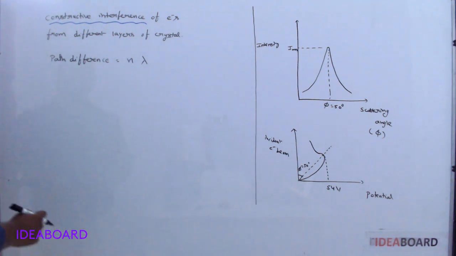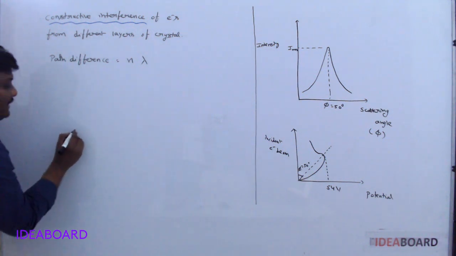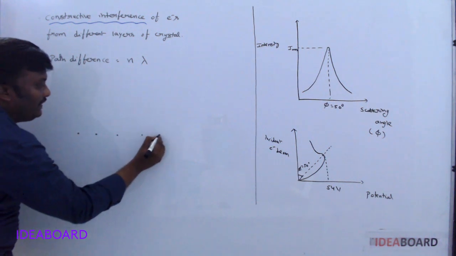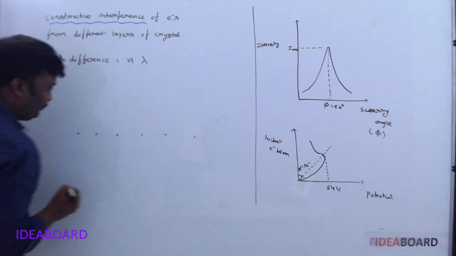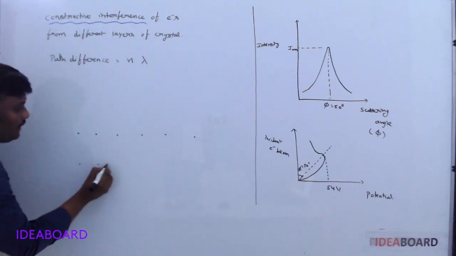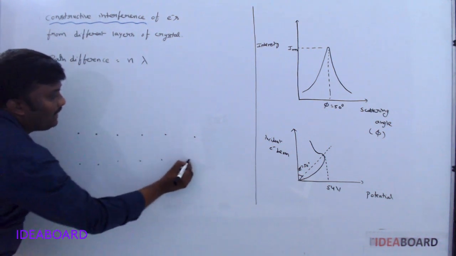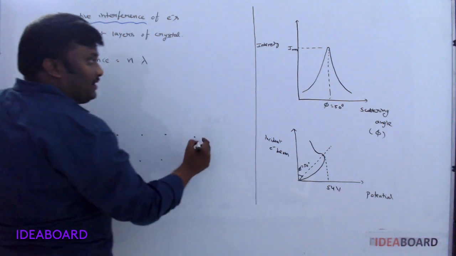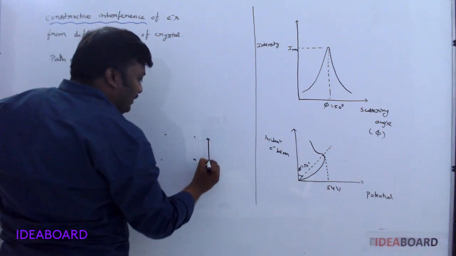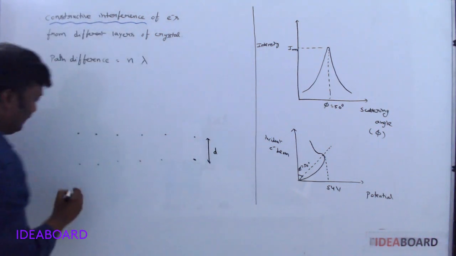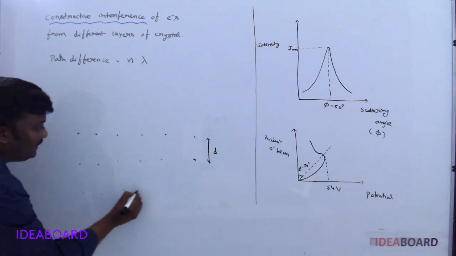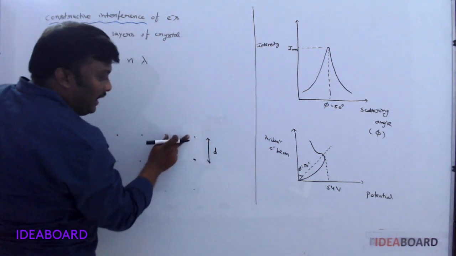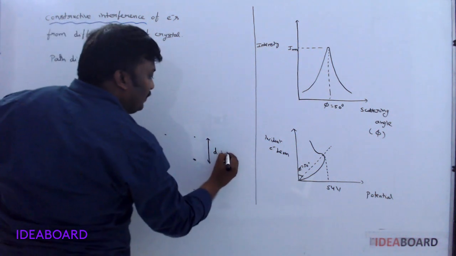In order to understand the concept, let us consider the Bragg relation, which came in chemistry also. So I considered atomic layers of the nickel crystal. Here this is d. d is the separation between the atomic layers.